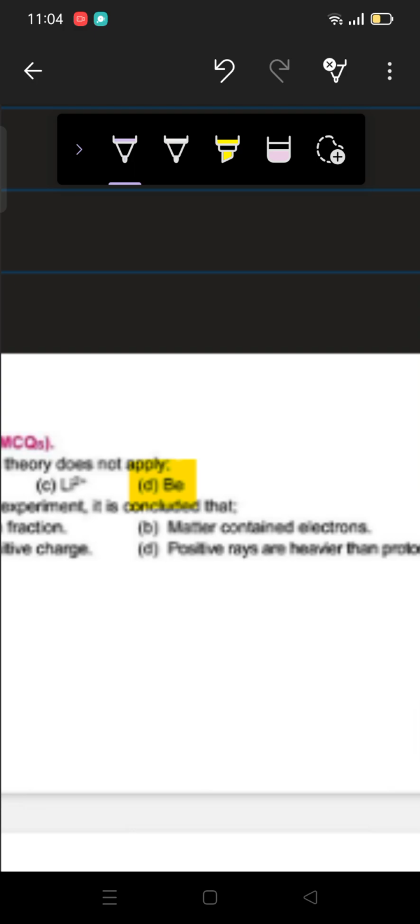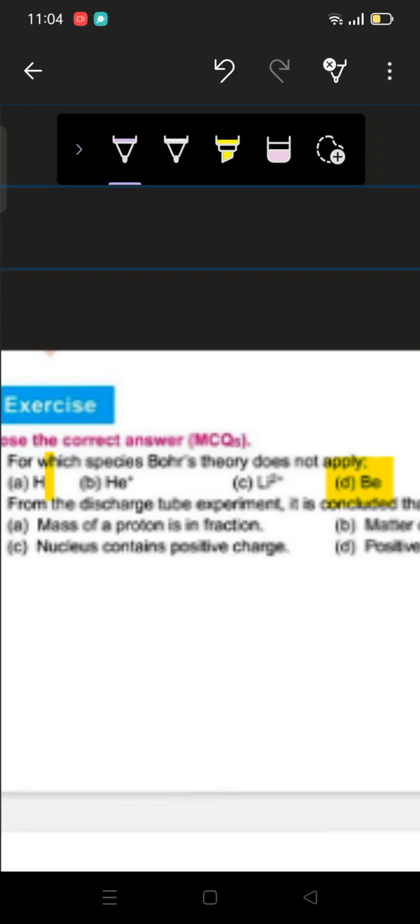Let's read the third and fourth first, then we're going to conclude which is the correct one. Third says the nucleus contains positive charge. Yes, the nucleus contains positive charge, but it was not concluded by the discharge tube experiment.